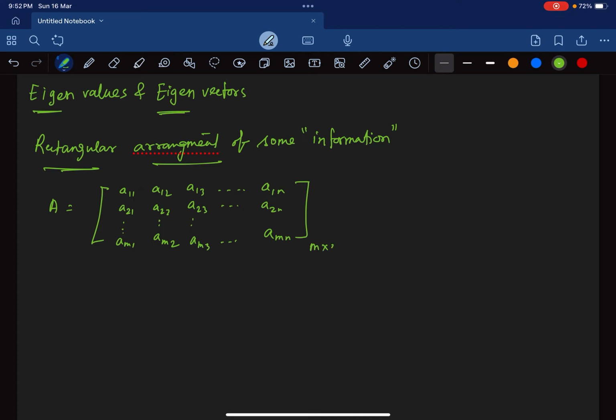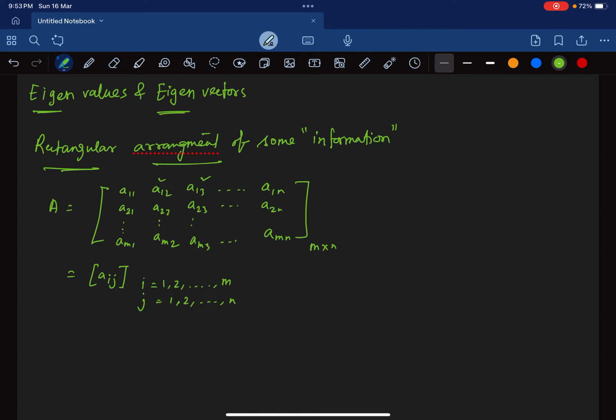Here this matrix is of order m cross n. Now these positions, like the 1 1 position, 1 2 position, 1 3 position, are important. You should be aware of this representation, where you can write this as a ij, where i varies from 1, 2, 3 up to m, and j varies from 1, 2, 3 up to n.